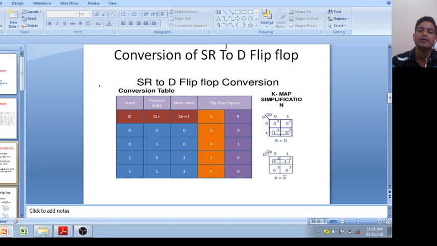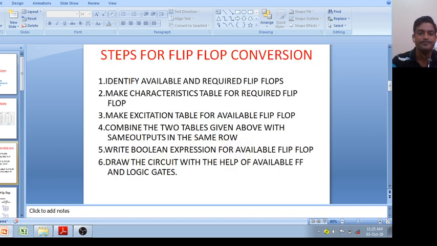For this we will draw characteristics table. For this SR flip-flop we will draw excitation table. Okay, this is your step. Make characteristic table for required flip-flop and excitation table for available flip-flop.